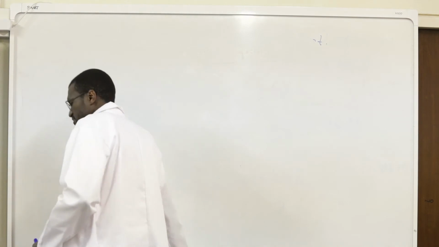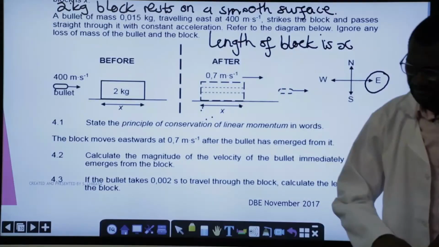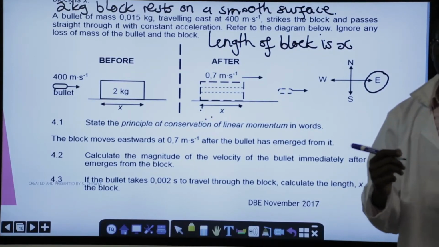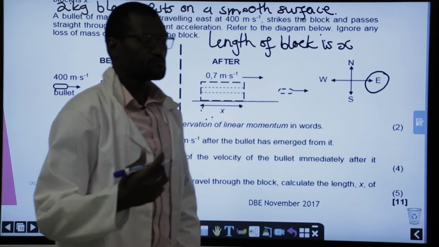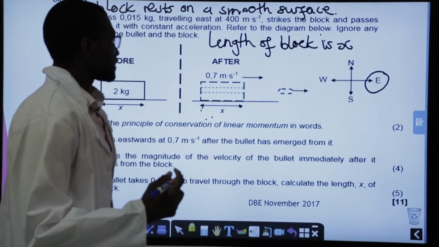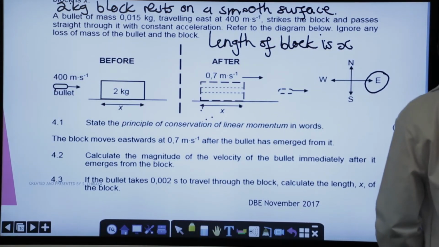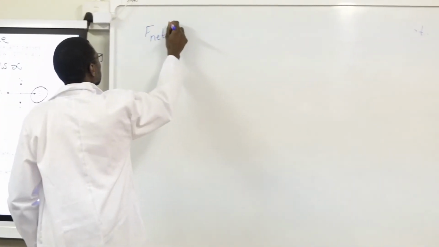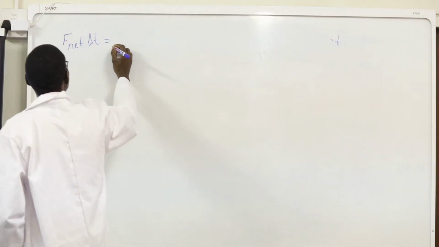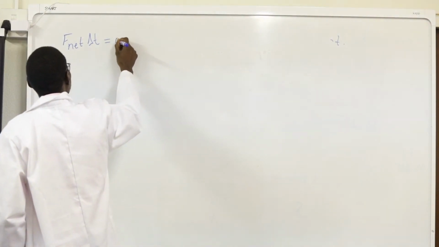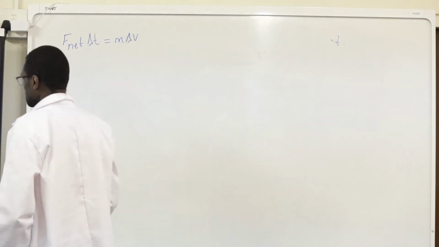One of the longer routes that we can use is, because we have done the calculation of impulse by using F net times change in t equal to mass times change in v, or change in momentum.